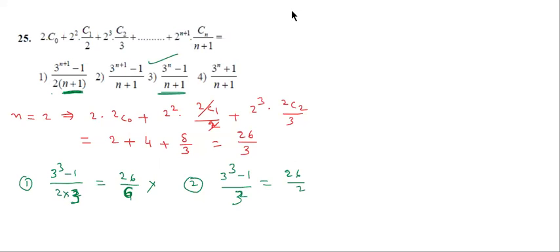Is the third option correct or not? No, no, the second option is correct. Yes, yes. Finally, which option is correct, students? Second option. We got 26 by 3. And in the remaining options, observe that you can't get 26 by 3. Okay, students, have you understood how we solve these types of problems? Okay, thank you.